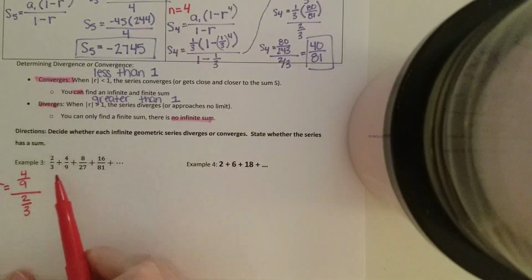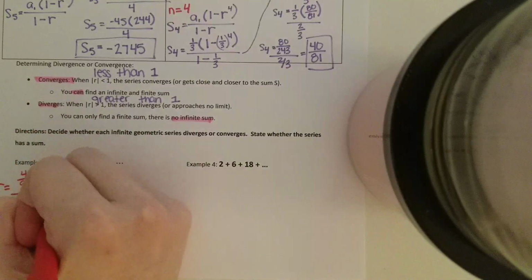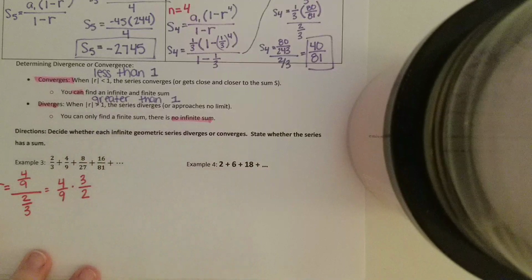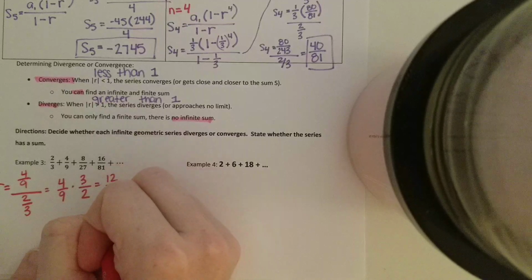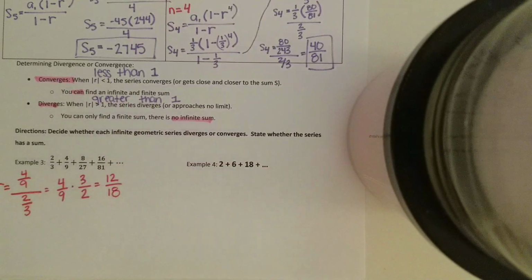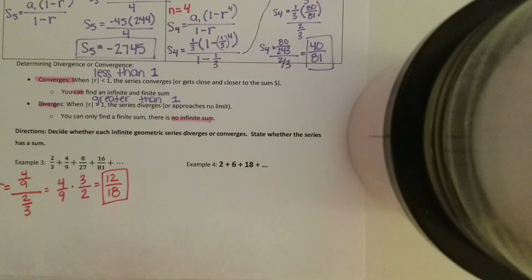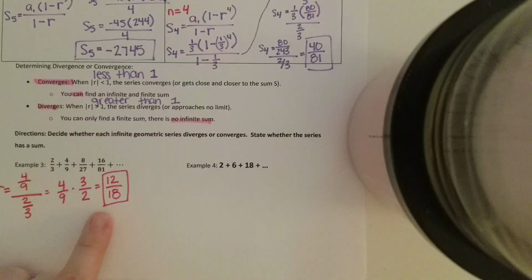When you divide fractions, this is going to be equal to 4/9 times 3/2. You flip the second fraction. So we multiply across, so then we have 12/18. And so this is our R value. If you reduce that down more, that's wonderful. If not, that's fine. All we have to really realize here is, is this greater than 1 or less than 1? 12/18 is less than 1.